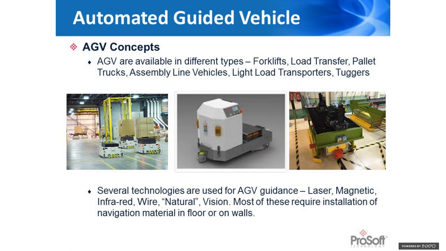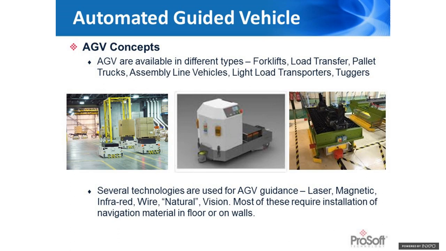Natural guidance, which is somewhat new, allows the AGV to determine through communication with other AGVs and sensors where it is on the floor. And we even see some vision-guided vehicles where a vision system is used to keep the vehicle located throughout the plant.